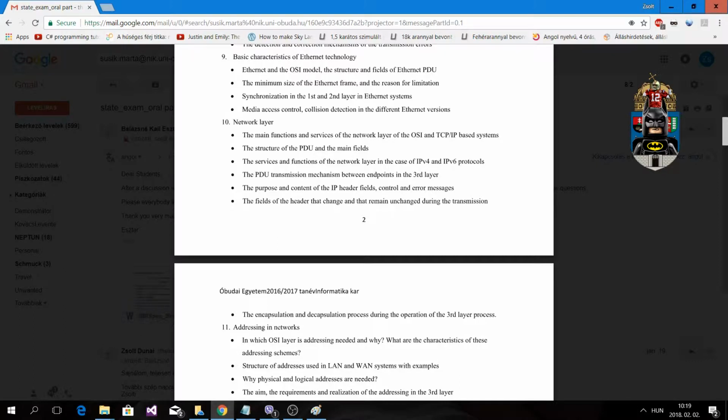If I remember well, there is also a version field in the network frame, and maybe a differentiated service field where, for example, the priorities can be set for packets.